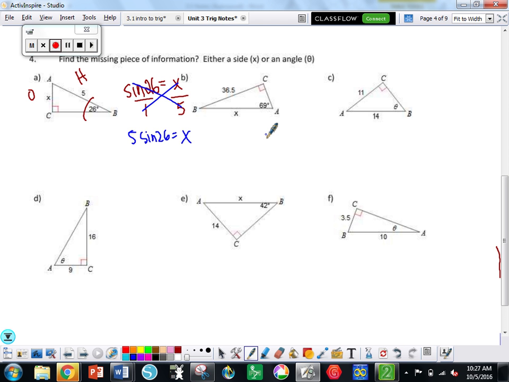What did we get here? 3.1? Now, does my answer make sense with regards to my problem? My answer should be less than 5, right? How do I know that it should be less than 5? Because it's the hypotenuse. Okay, I feel pretty good about it. 2.1. Okay, set up part B.